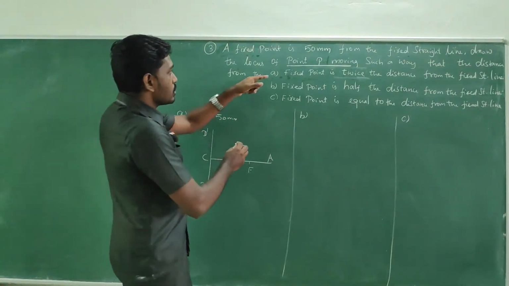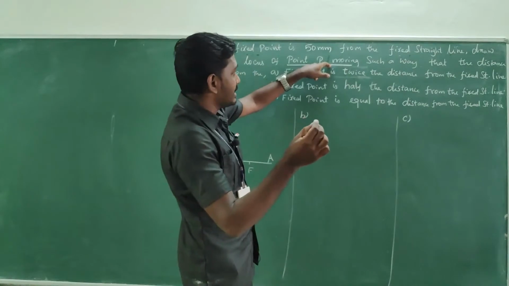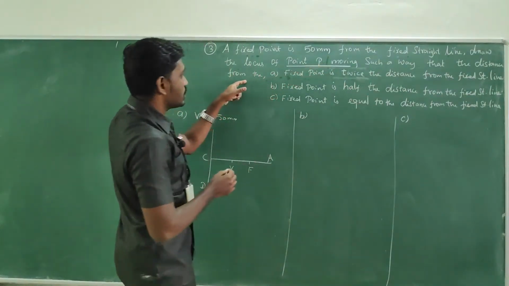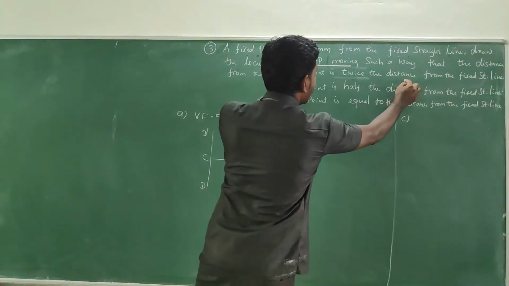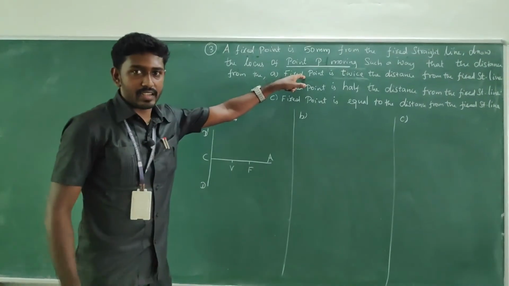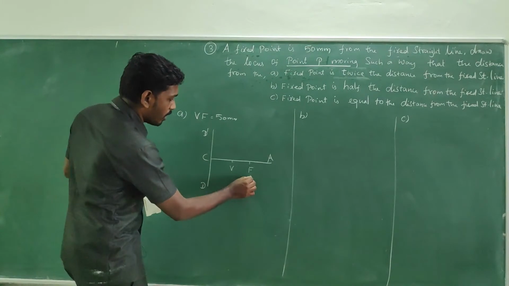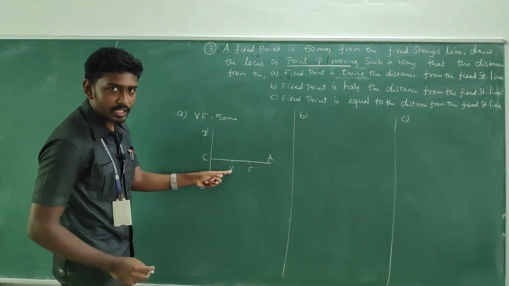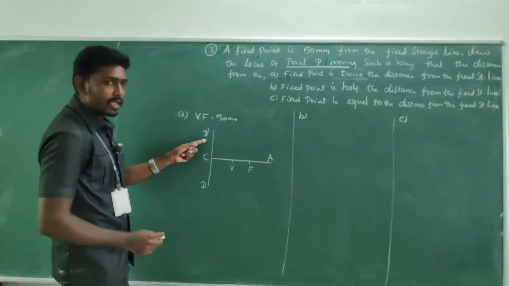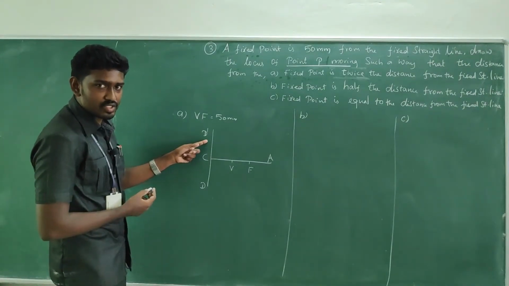Fine. So point P, the moving point, is moving in such a way that the distance from the fixed point is twice the distance from the fixed straight line. That means fixed point in the sense focus, moving point in the sense nothing but a vertex, and we know directrix's other name is the fixed straight line.